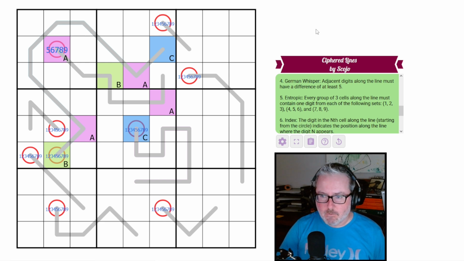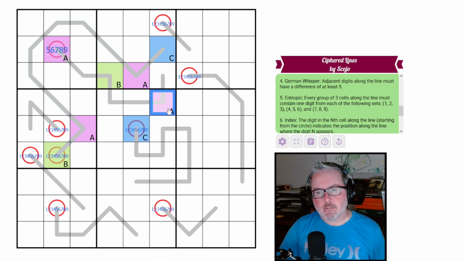Good. What about entropic? I think that'll break too, because this one and this one and this one would all be from the same grouping. So let's say this is 5. Well, does that break or not?